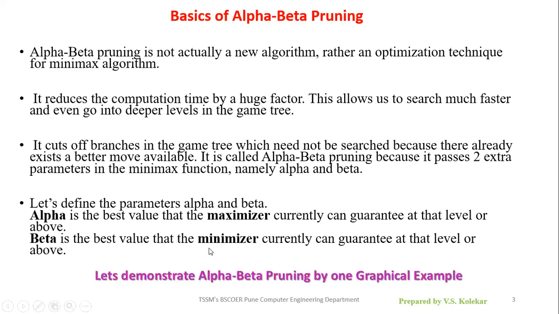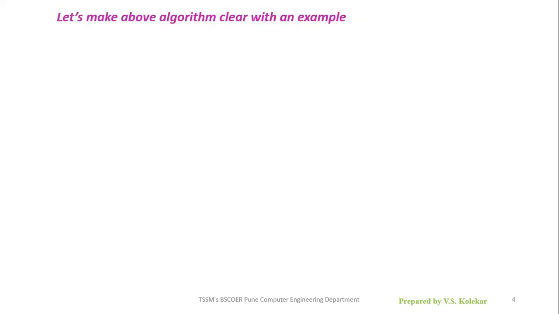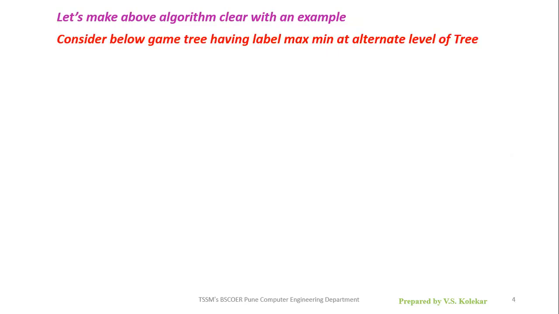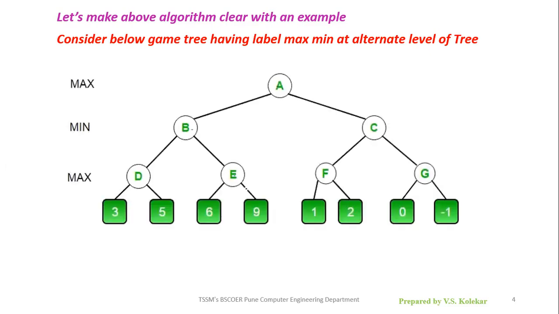Let's demonstrate the alpha beta pruning by one graphical example. Let's make the above algorithm clear with an example. Consider the below game tree having labels max and min at alternate levels of the tree. So this is one sample game tree having the min and max labels at alternate levels of the tree.